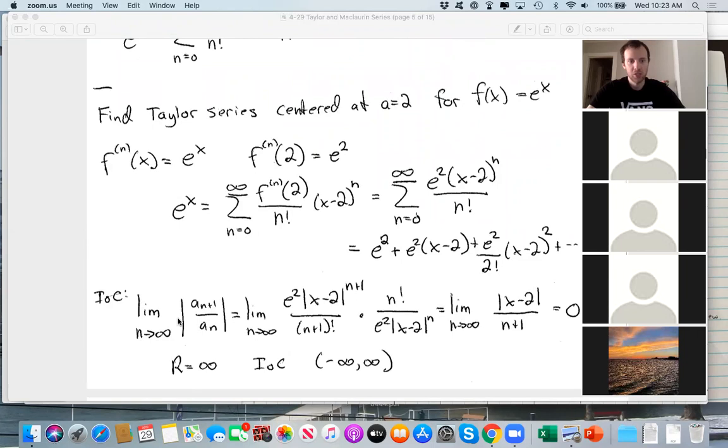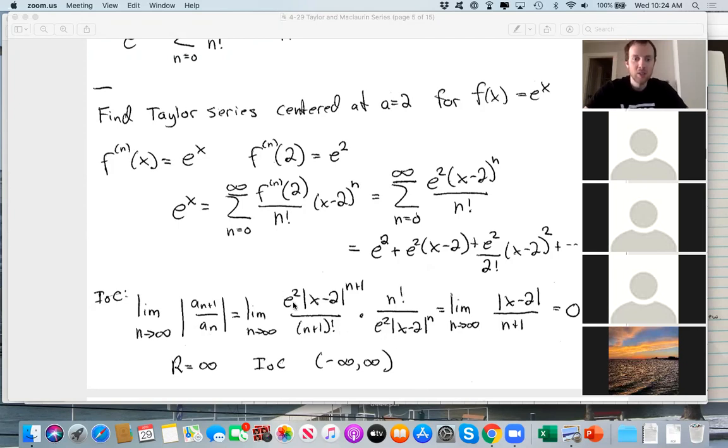And if you check, this one we'll actually look at using the ratio test. The absolute value of a n plus 1 over a n. If we put an n plus 1 into here, we get x minus 2, an absolute value now, to the n plus 1 over n plus 1 factorial. Dividing by a n means take the normal terms and flip and multiply. And now we get the kind of usual cancellation.